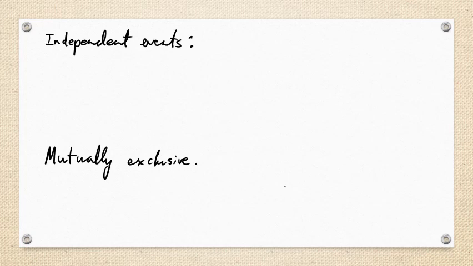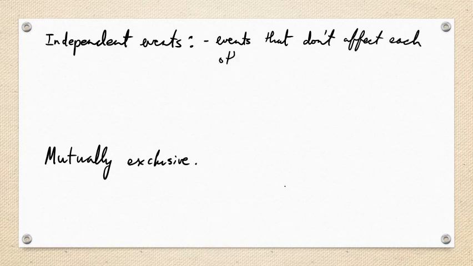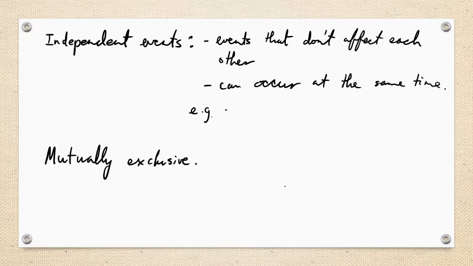Independent events are events that don't affect each other but can occur at the same time. So just to give you an example, a simple one, a coin toss and also a die roll.